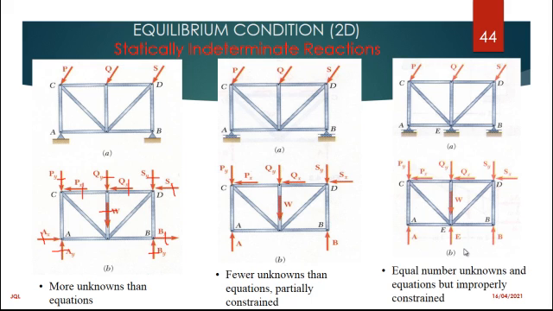The last one, we still have the forces P, Q, and S. And we have rollers at A, E, and B. Here we have an equal number of unknowns and equations, but improperly constrained.